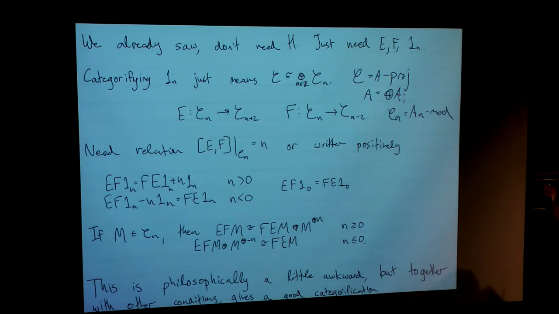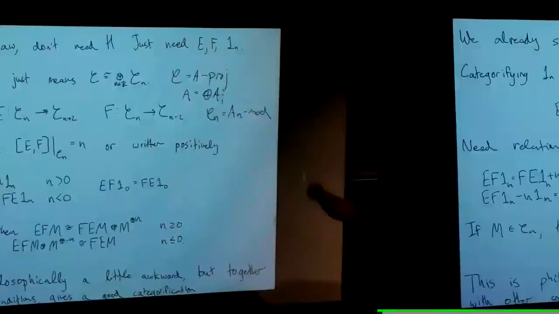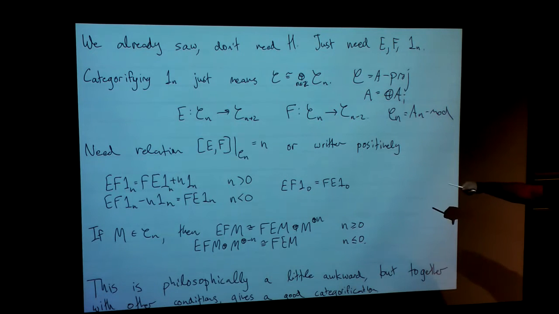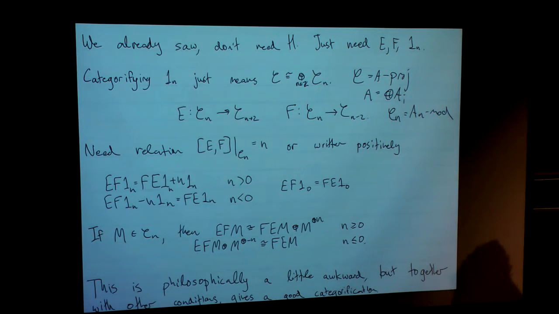And because n could be positive or negative, I actually need two forms of this equation. I can either write EF = FE + n or EF + n = FE. There's always this slightly awkward thing that if n is 0, then neither of these equations seems right, but actually both are right, because for things of weight 0, EF is just equal to FE.